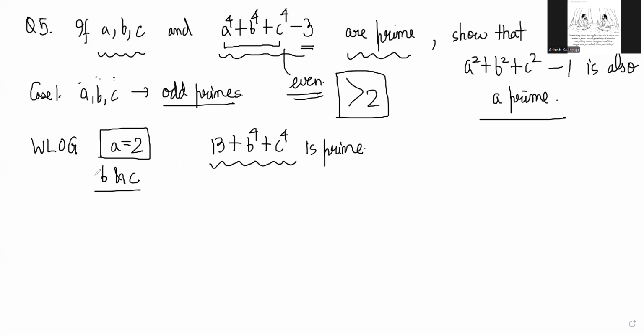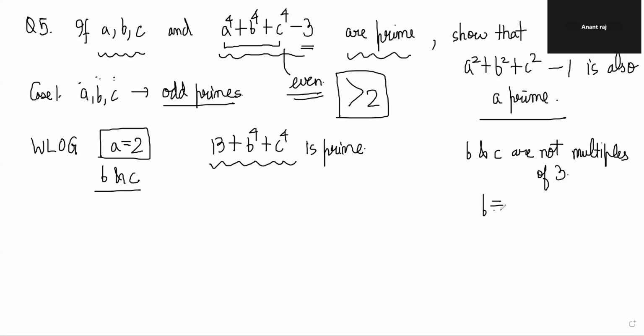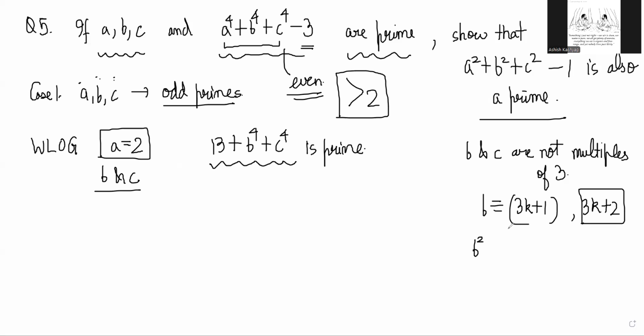Now, obviously, since B and C are prime, B and C are not multiples of 3, right? B will be either 3k plus 1 or 3k plus 2. If you do B square mod 3, what is coming here?